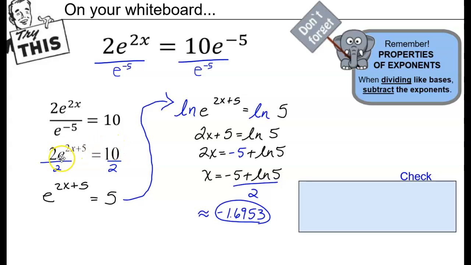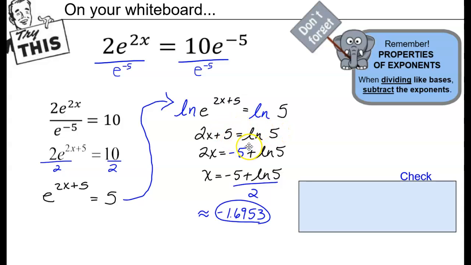Then we're wanting to get the base of e by itself, so we divide both sides by that coefficient of 2. And now e to the 2x plus 5 is isolated on one side of the equal sign, and it's equal to 5. Then we're ready for step 2, which is to take the natural log of both sides and use the inverse property to bring down that exponent of 2x plus 5, and that's equal to the natural log of 5.